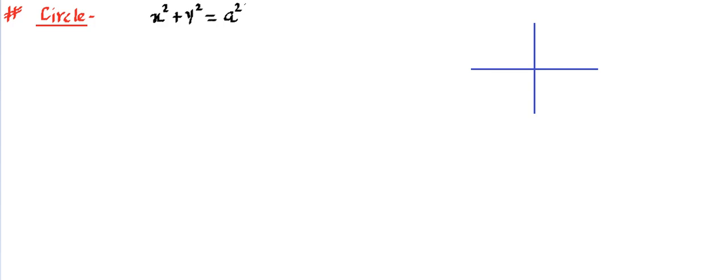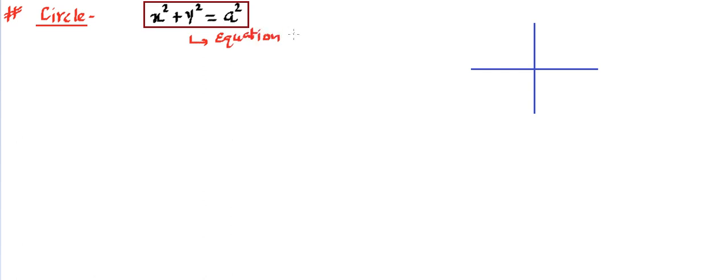That's a very basic equation of a circle, in which both x and y are in quadratic form. That means they have power 2, and moreover the coefficient of x square and the coefficient of y square are the same and they are 1. So if we write x square plus y square is equal to something, that something has to be the square of a. Alright, so that's called the equation of a circle.